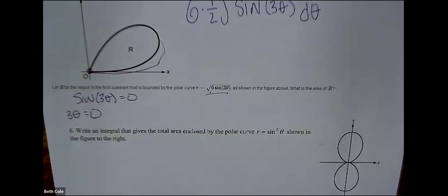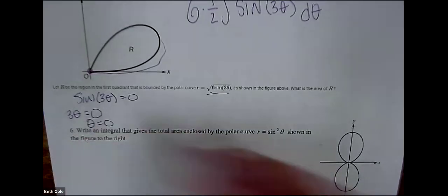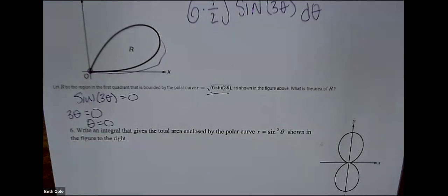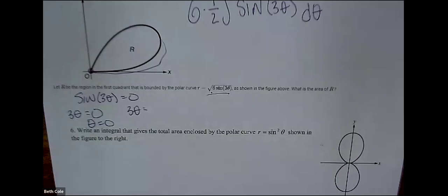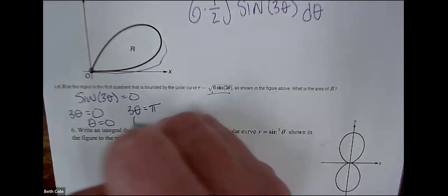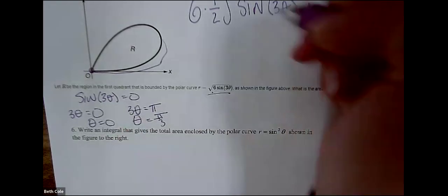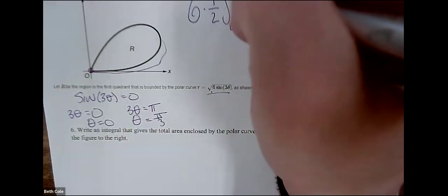And then if you divide by 3, 0. So what's great about the unit circle? You get a lot of 1s and 0s. Now, where is the next place sine is going to be 0? Pi, on the left side of the unit circle. So y value, yep, exactly. And then if you divide by 3, you get pi over 3. So those are our boundaries.